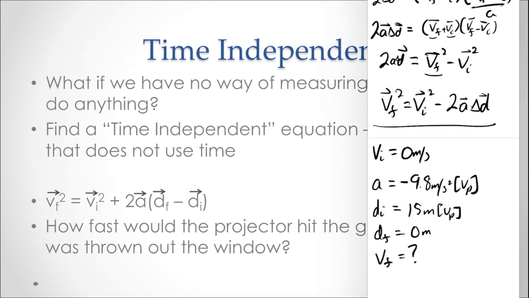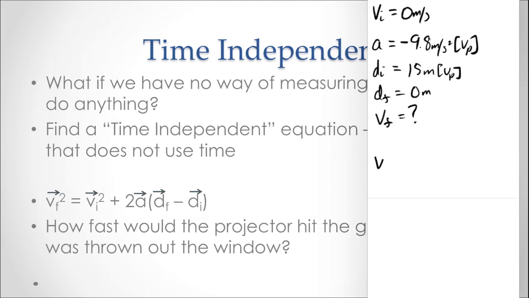Again, you can start with the three basic equations, combine them until you have an answer, or we can begin at the time-independent equation. Here we know Vf squared is equal to Vi squared plus 2A delta D. Plugging in the values we know, this is 0 squared plus 2 times minus 9.8 times 0 minus 15.